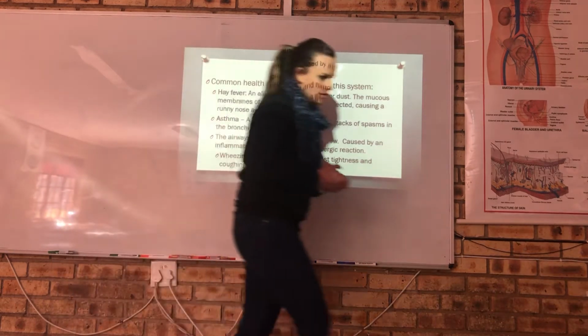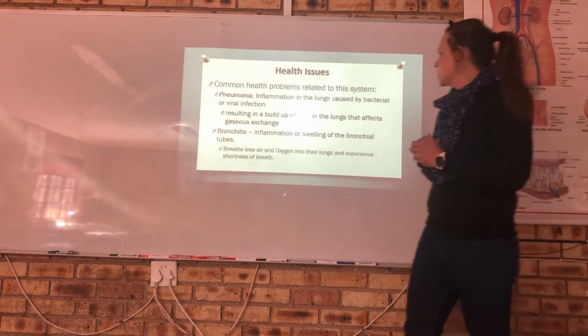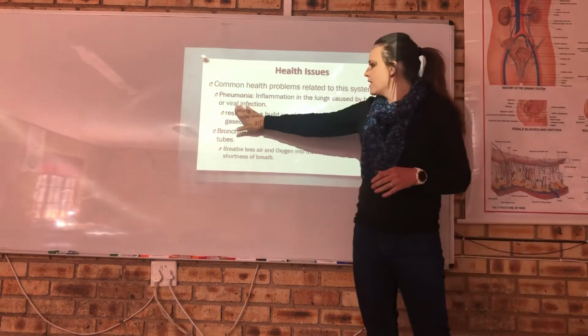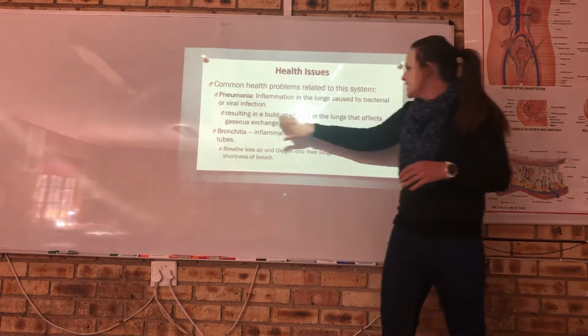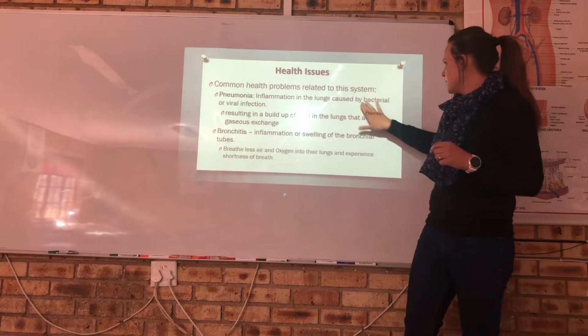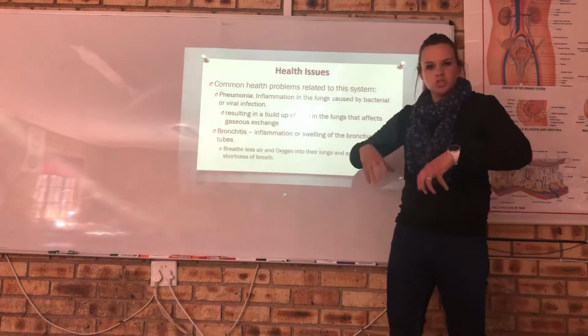Next is pneumonia. Pneumonia is inflammation of the lungs caused by a bacterial or viral infection. It results in a buildup of fluid. And so what happens is your body is responding to this bacteria or this virus, and it starts to build fluid in order to try and flush it out.